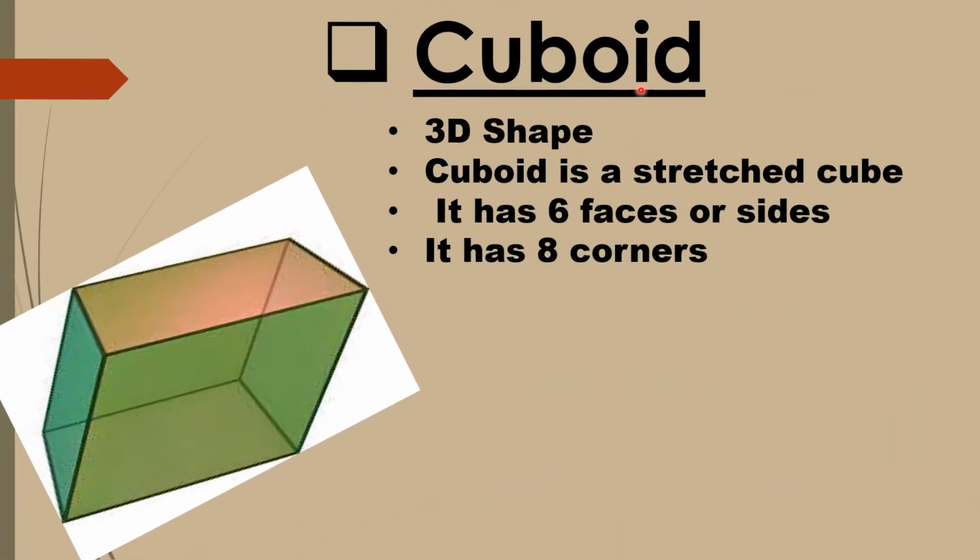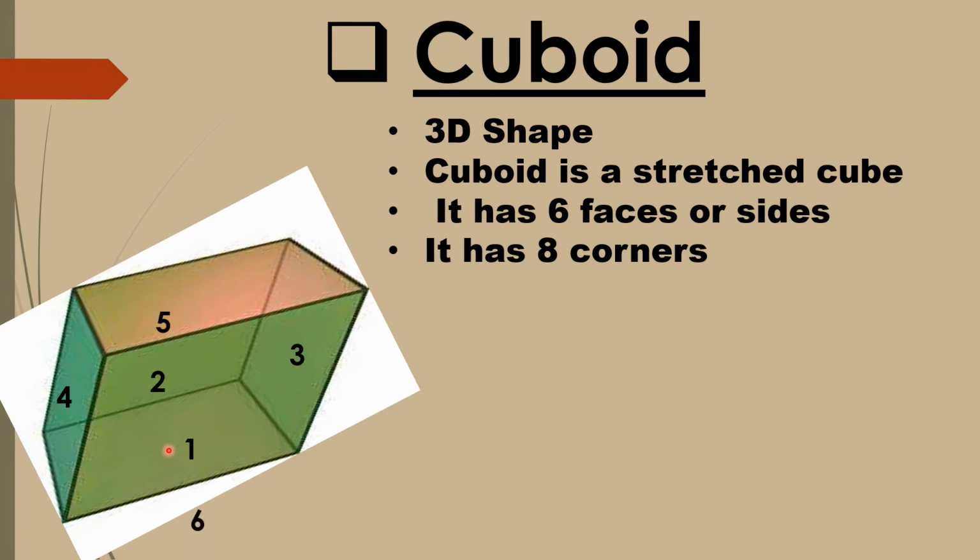Next shape is cuboid. It is also called a 3D shape. It looks like a rectangle. Cuboid is a stretched cube. It also has 6 faces and 8 corners like a cube. Let's count with me. One face, front side, back side 2, right side 3, left side 4, 5 top and 6 bottom.